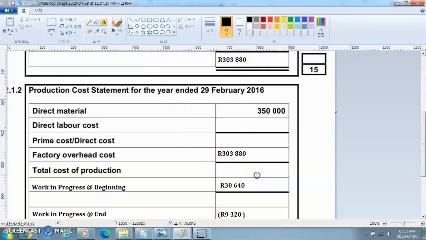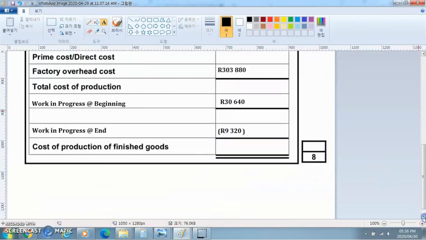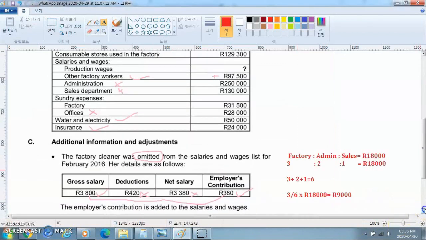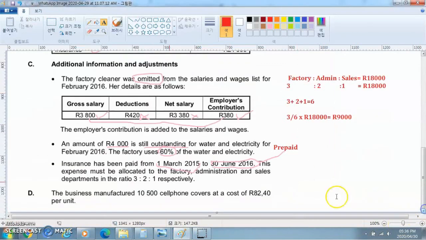So the next step now is to put in the last remaining thing. The last remaining thing that we are able to work out is the cost of production of finished goods, right? Let's see if we're given any information with this one. In the last note given here, they're saying the business manufactured 10,500 cell phone covers at a cost of 82 rand 40 per unit.